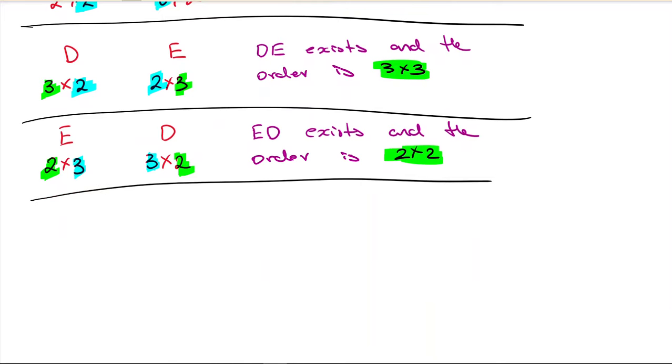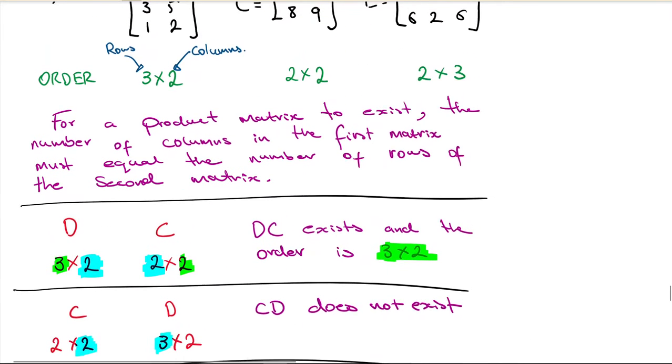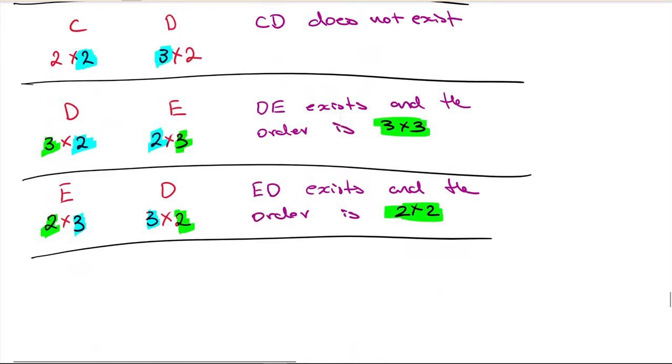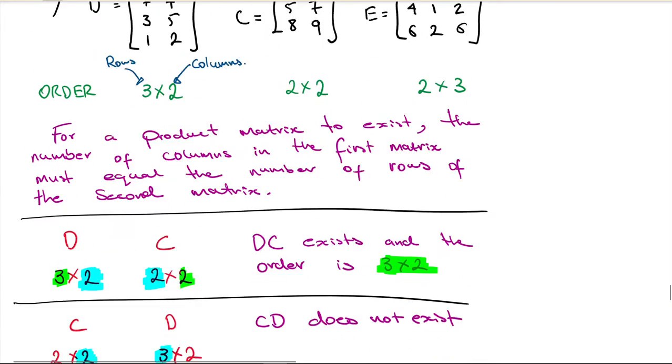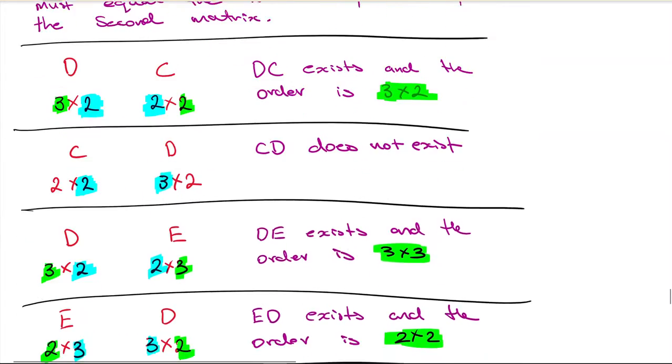Okay, let's now try. So I've tried D, E and ED. Now I'll go to C. CD has been tried, so I'll try CE.